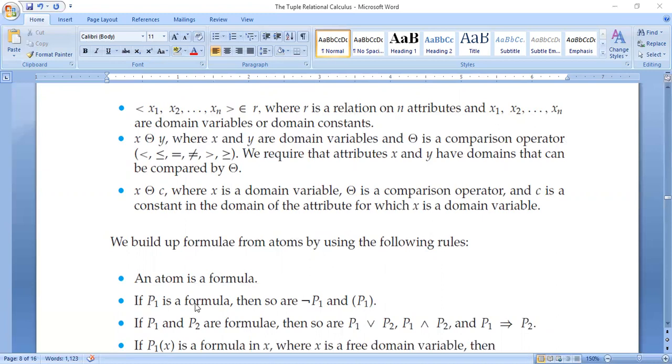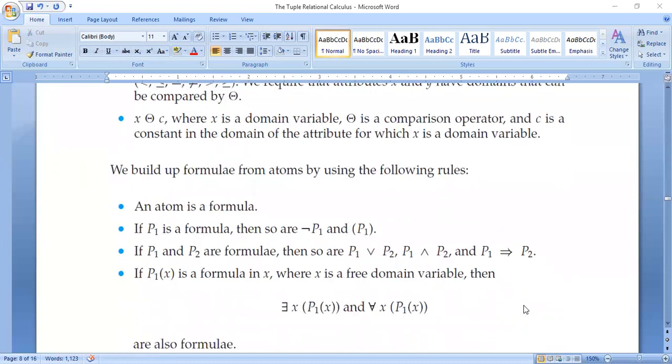If P1 is a formula, then so is not P1. So not P1 is also a formula. And if P1 and P2 are two different formulas, because the predicate may consist of different formulae, then we can use the OR operator, the AND operator, and also the implies operator for the two different predicate part formulas. Then if P1(x) is a formula in x, where x is a free domain variable.